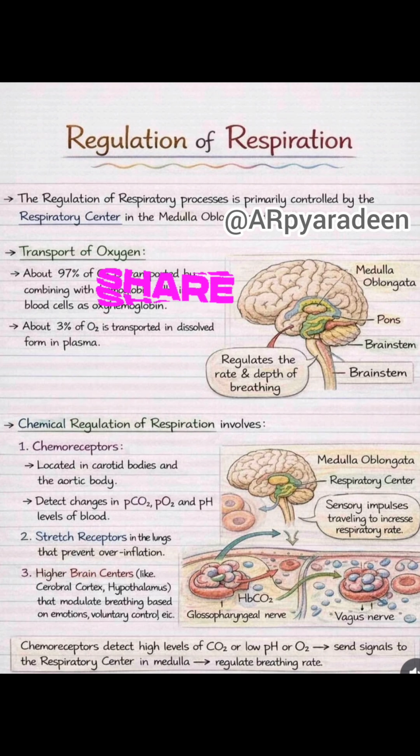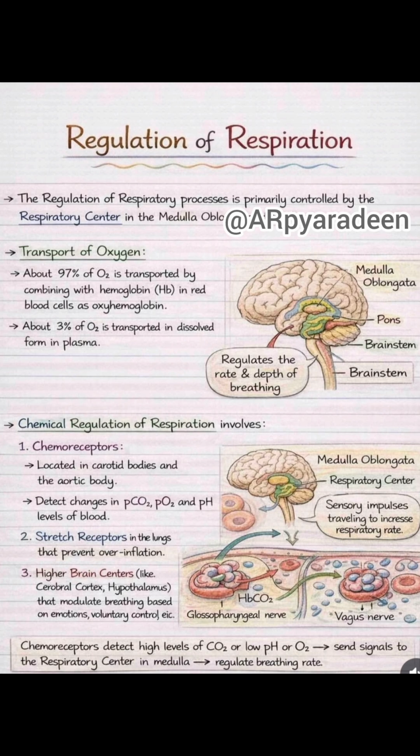A chemosensitive area is situated adjacent to the rhythm center, which is highly sensitive to carbon dioxide and hydrogen ions. Increase in these substances can activate this center, which in turn can signal the rhythm center to make necessary adjustments in the respiratory process by which these substances can be eliminated.